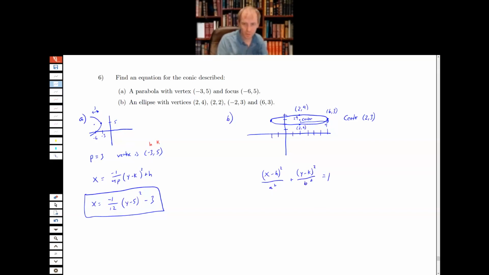So if I start with my generic equation, the center is 2, 3, so I have x minus 2 squared and y minus 3 squared. And in the x direction, from the center to the edge of the ellipse is a distance of 4, so I divide by 4 squared. In the y direction, from the center to the vertex, is a distance of 1, so I have 1 squared.